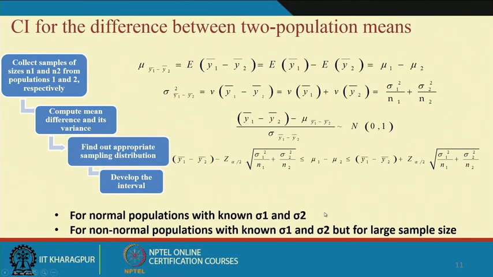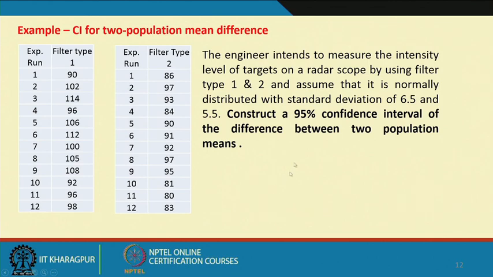Okay. So, one example is given here. We have chosen two filter types, type 1 and type 2. So, filter is a factor, it has two levels, filter type 1 and type 2, and you have run the experiment 12 times using filter type 1 and 12 times using filter type 2, obviously a randomized design. It is not that it is run in sequence only with filter type 1. So, then what is required to know?